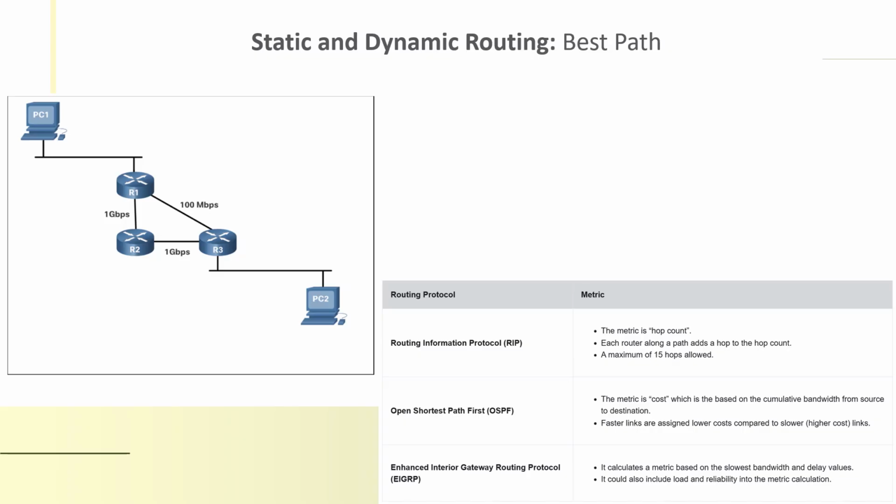Here in this table, we have a list of some common dynamic protocols and the metrics that they use for reaching other networks. And we also have an animation which highlights how the path may be different depending on the metric being used. If the best path fails, the dynamic routing protocol will automatically select a new best path if one exists.